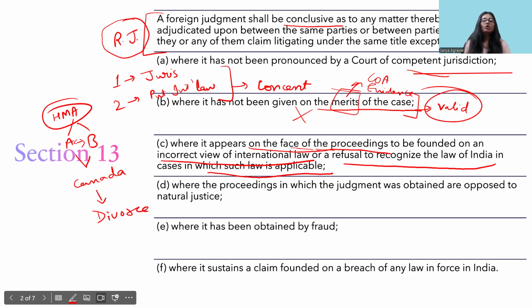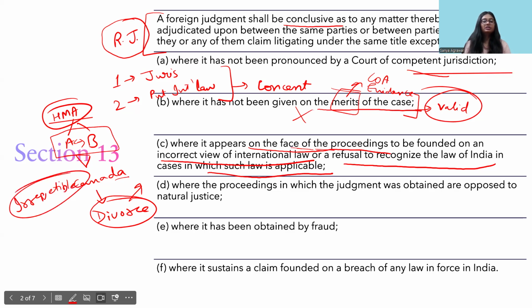The Canadian court referred to their family law, and according to it granted divorce to this couple, not referring to the grounds of the HMA, but to the grounds given in the local law of Canada, which is against the law applicable here. For example, irretrievable breakdown of marriage is not a ground under Indian law or Indian courts. Only in exceptional cases is it allowed.